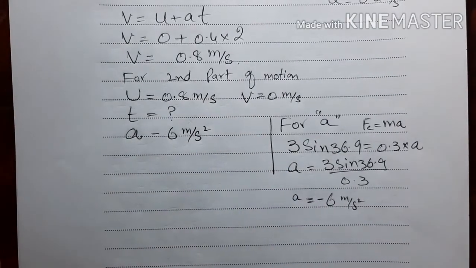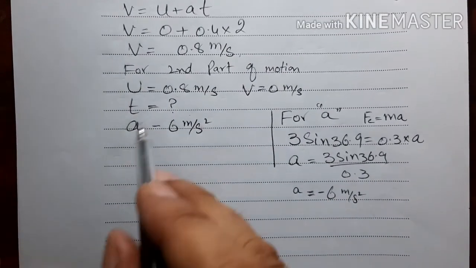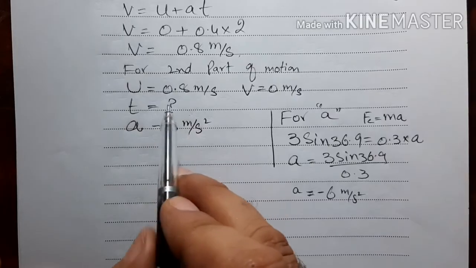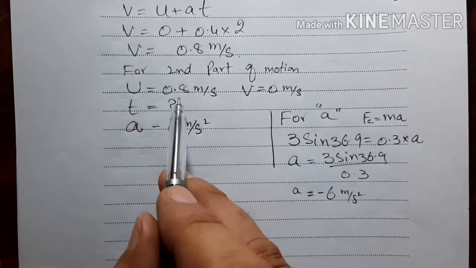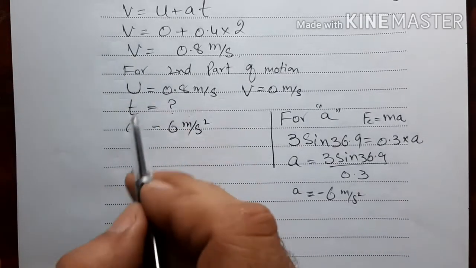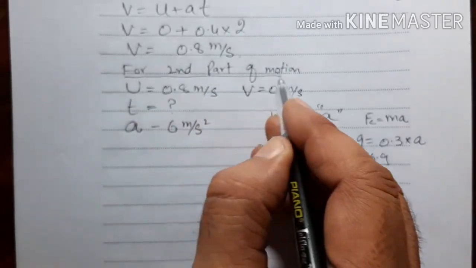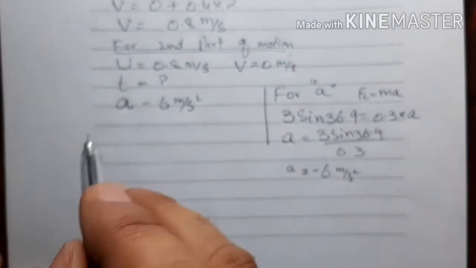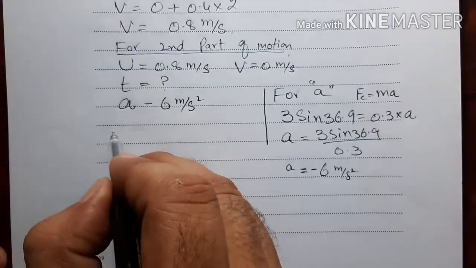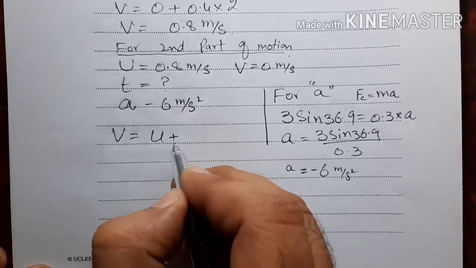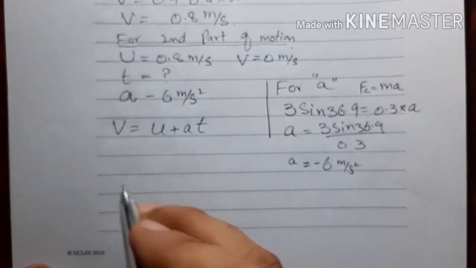Now, from the first equation, you can find T. V is equal to U plus AT. You know, this is the first equation of motion.